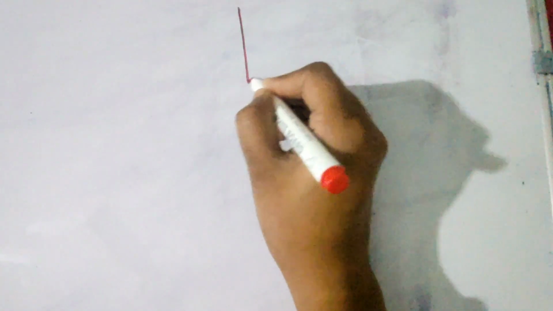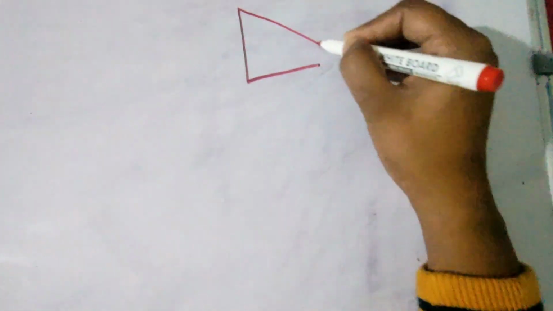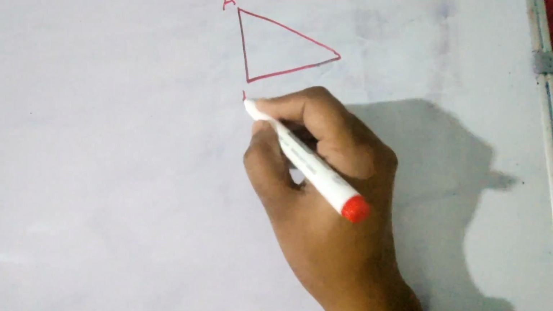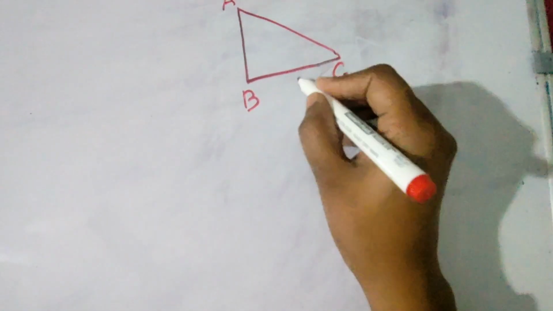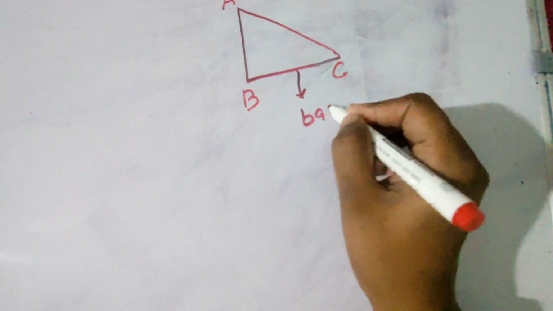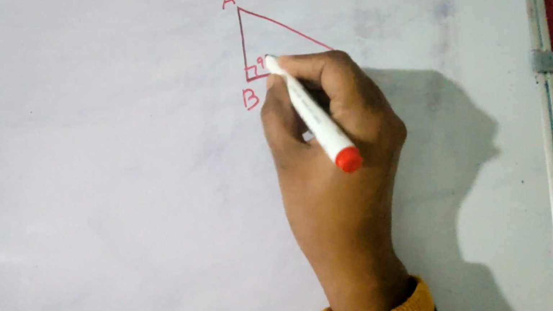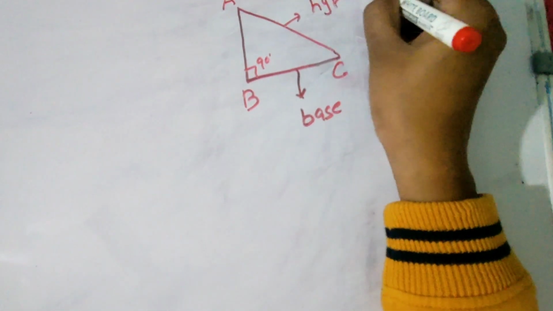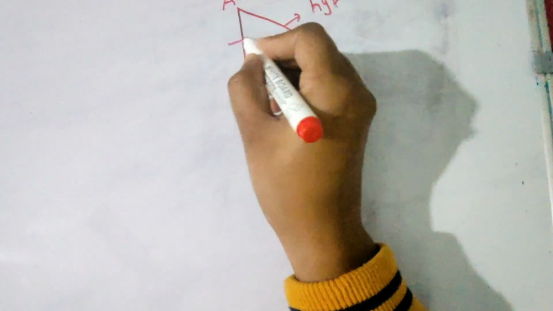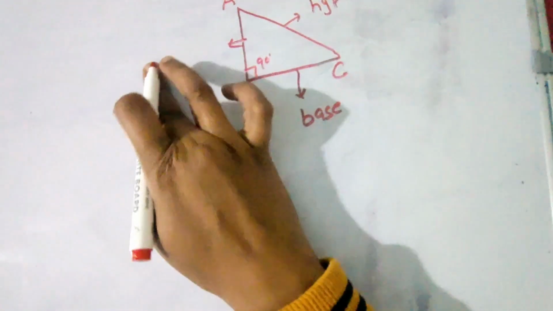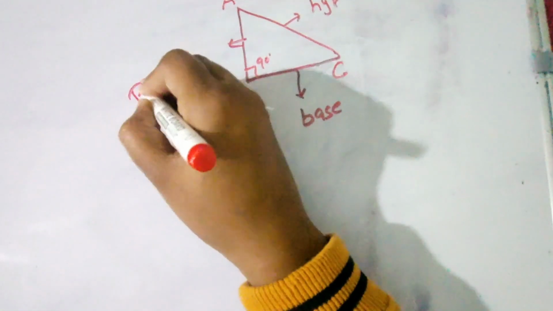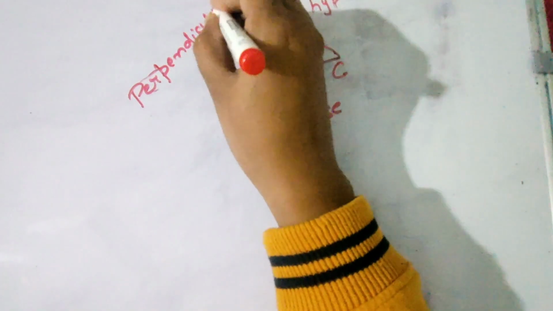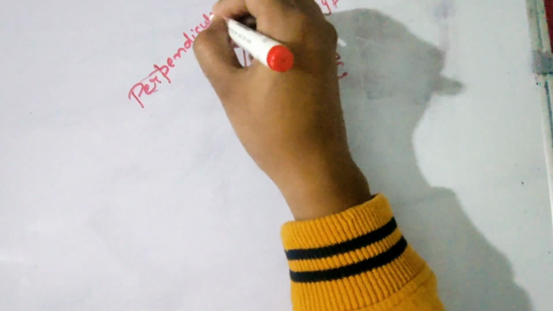Draw one triangle ABC. This is the base, here is 90 degrees, this is the hypotenuse, and this is the perpendicular.